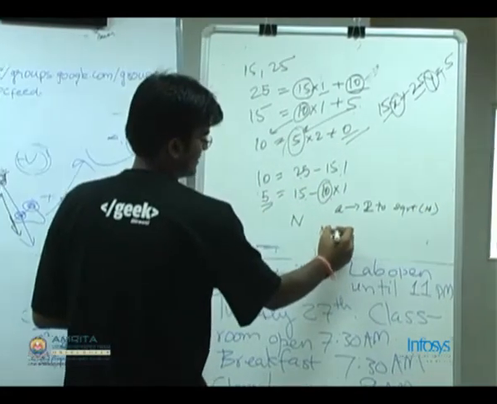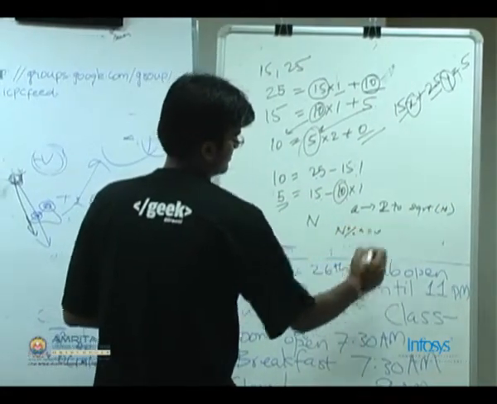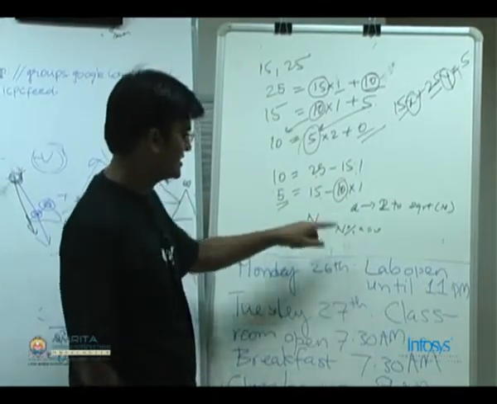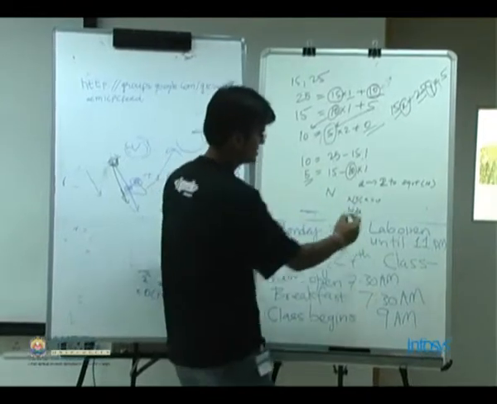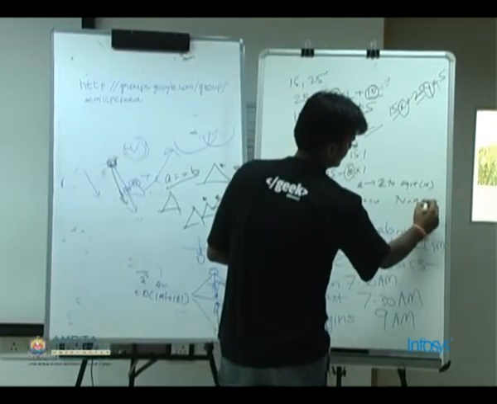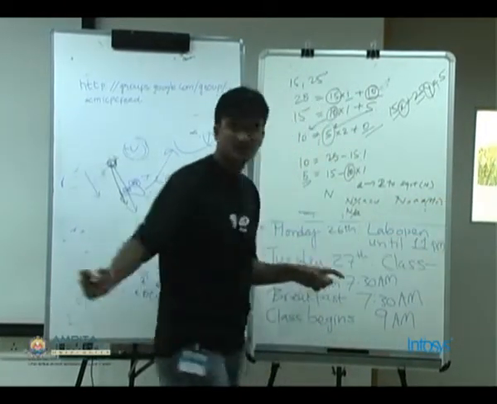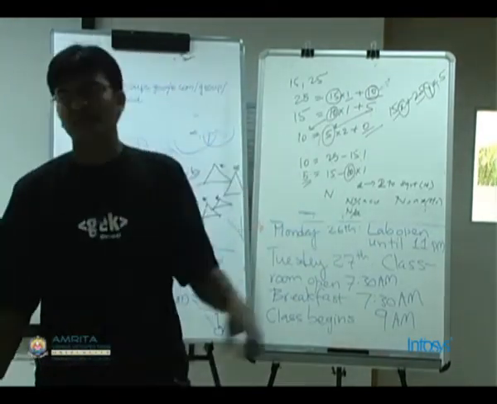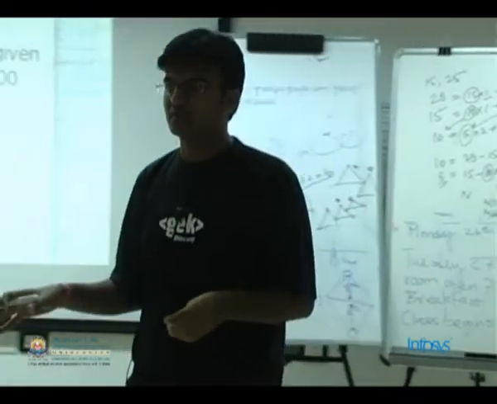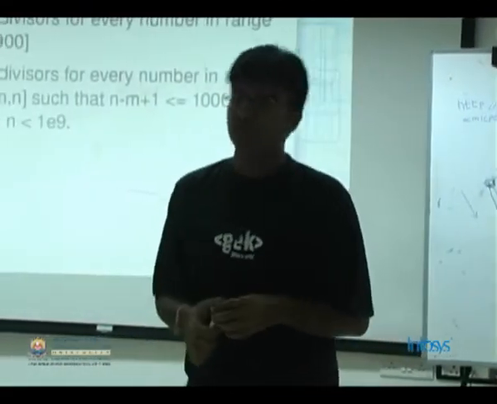If n mod a is 0, that is if a is a divisor of n, then n by a will also be a divisor, because n is equal to a into n by a. So you can do that for every a from 2 to square root of n. You will get the list of all factors of the number and you can sum them up, which is fairly correct.